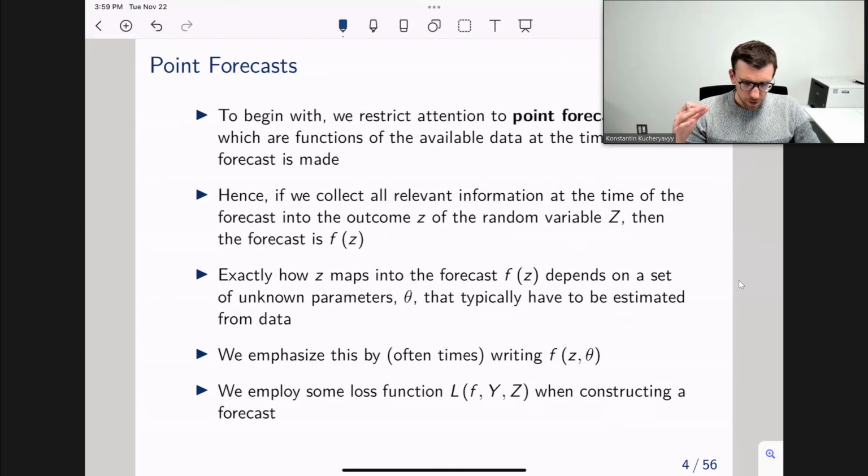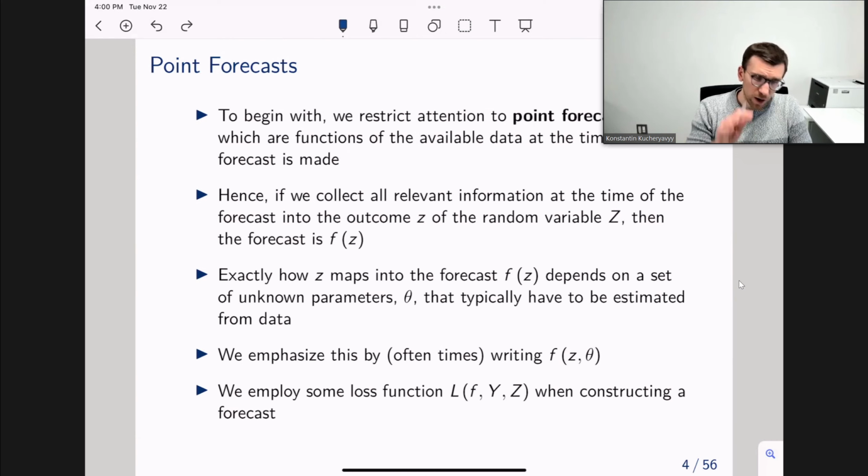Now, as I said, we restrict attention to point forecasts, which we denote by f, which are functions of the available data at the time the forecast is made. And the available data is Z, or Z small.